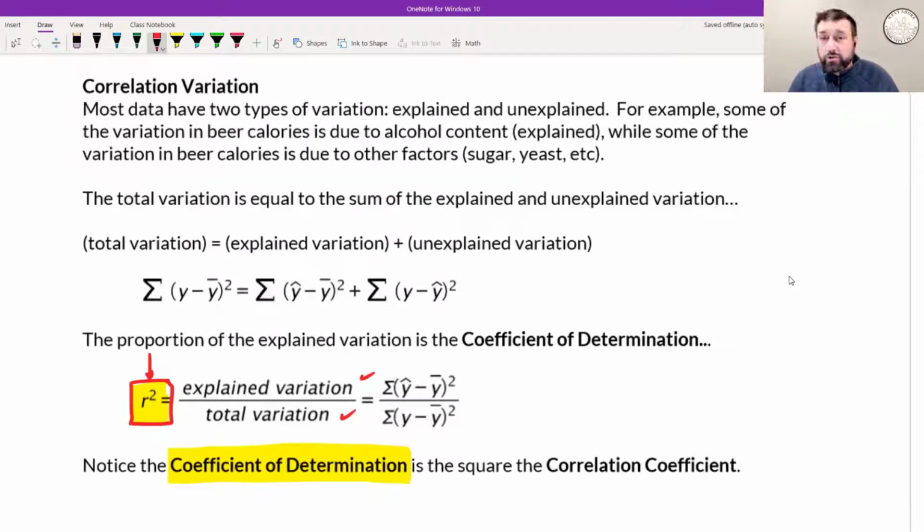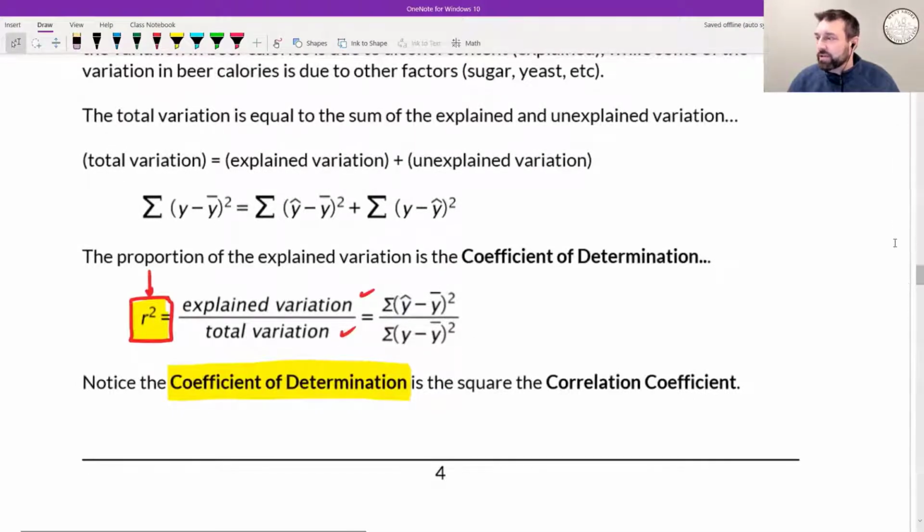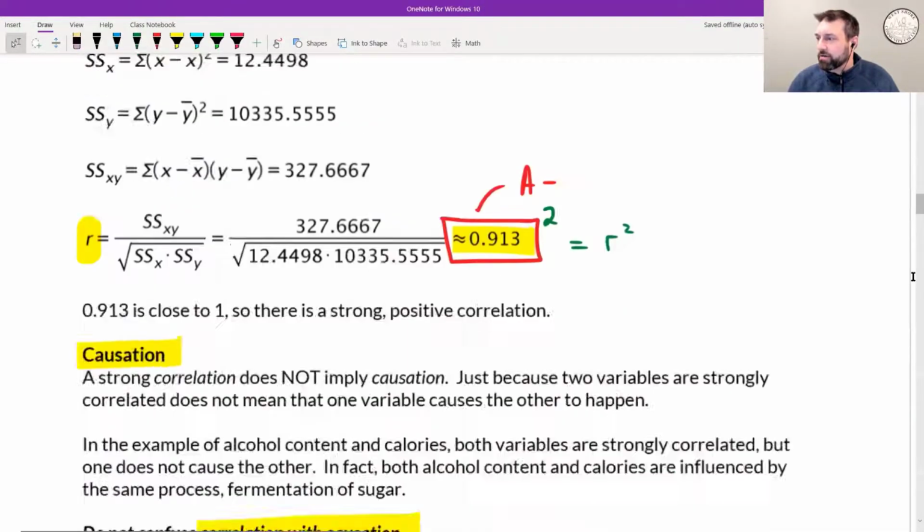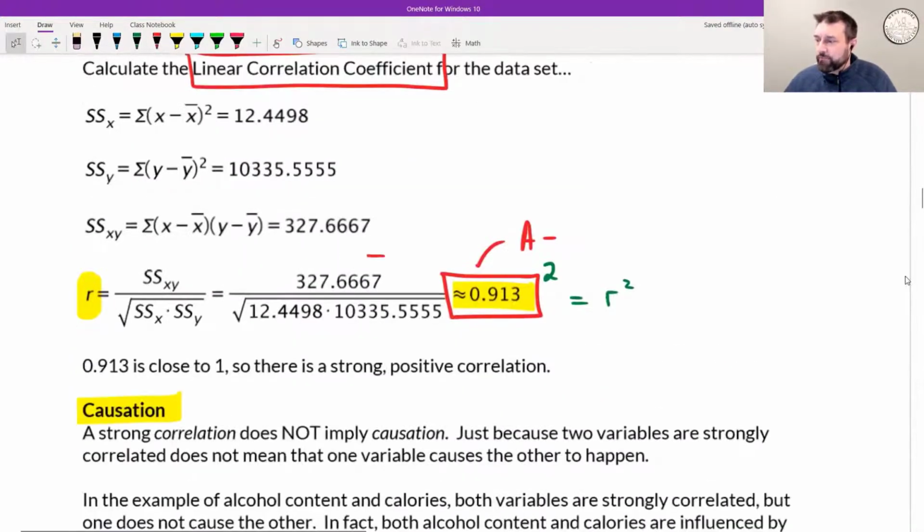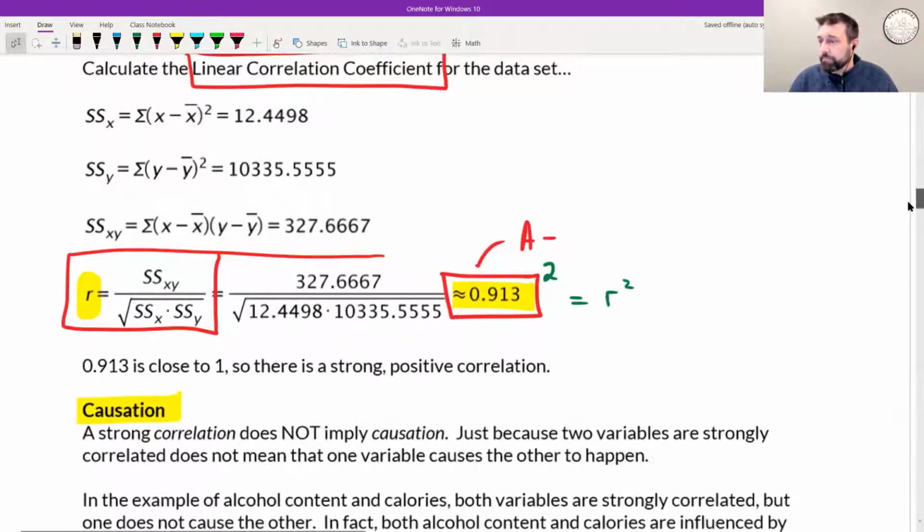And we're going to show you how to do this in Google Sheets. So you don't have to do any of this by hand. If you want to do it by hand, you know what the formula is. You can go up here, and right there's the formula if you want to do this by hand. But we're going to show you how to do this in Google Sheets using two formulas. So it'll be pretty simple, okay?